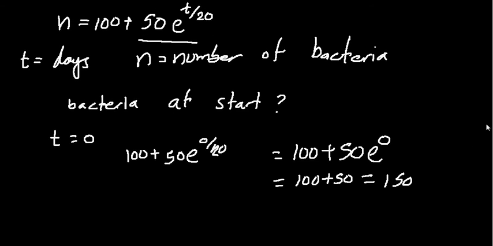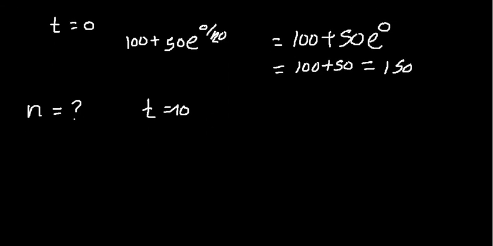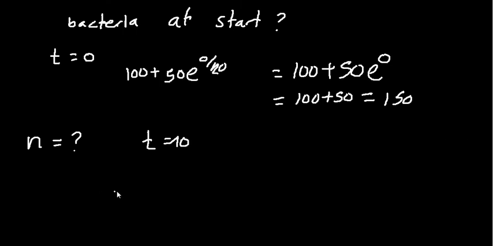The next question is what's the number of bacteria you have when T is equal to 10. Here again I substitute 10 instead of T, so that's 100 plus 50 times e to the power of 10 over 20.